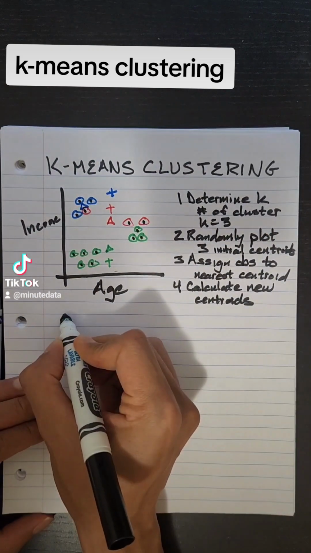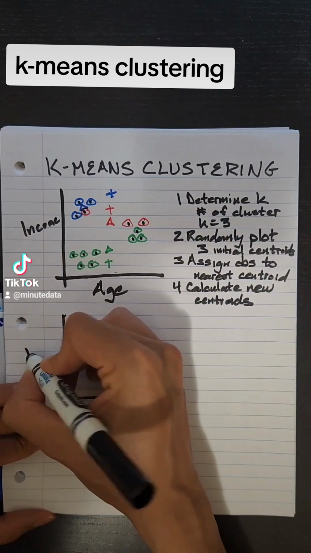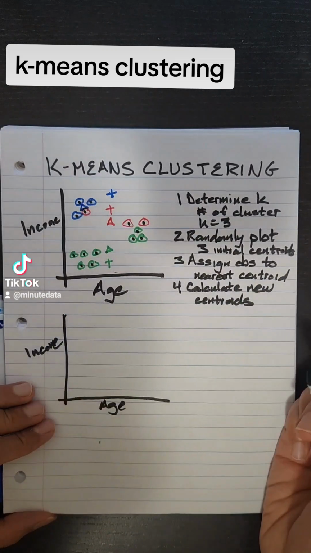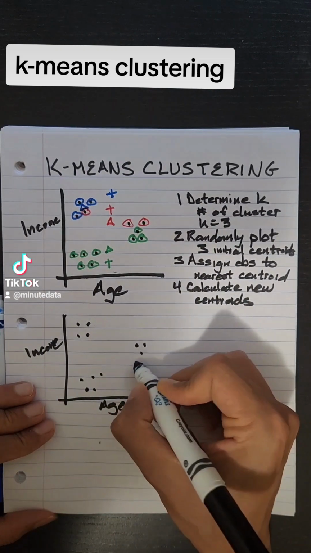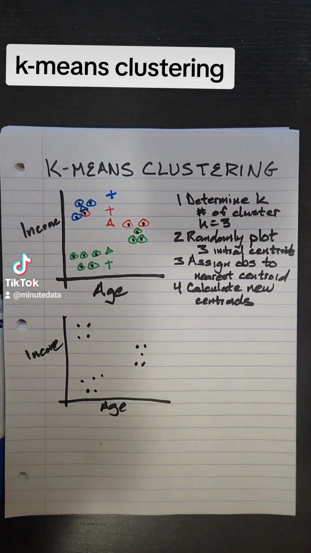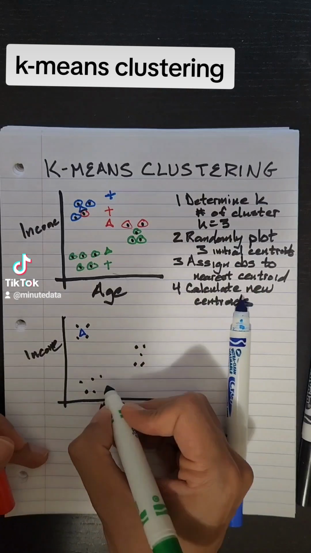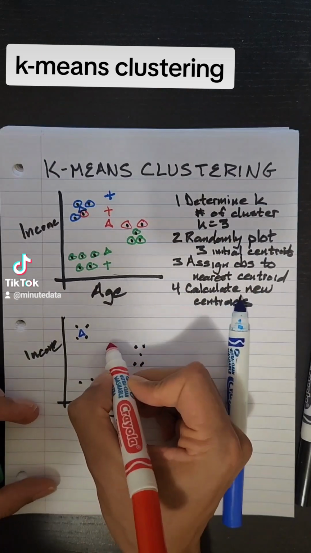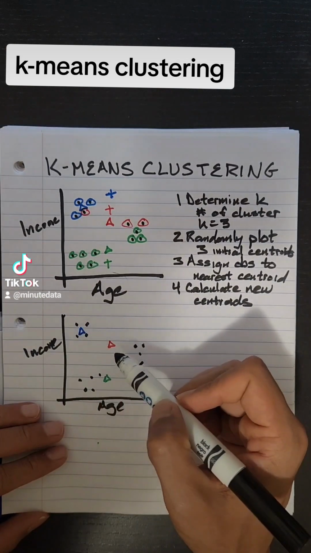So what does this look like? Again, we have age, income. We had 1, 2, 3, 4, 1, 2, 3, 4, 5, 1, 2, 3, 4, 5. And then we have the new centroids: the blue one, the green one, and the red one. So here are our new centroids.